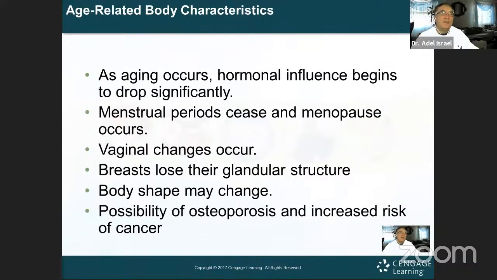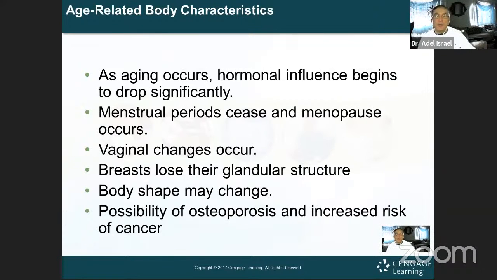With aging, the hormones start to drop significantly, and we get the menopause, which is when menstruation stops. Vaginal changes occur, such as a dry vagina, and the breasts lose their glandular structure, so the breast is not like the mature or adult one.